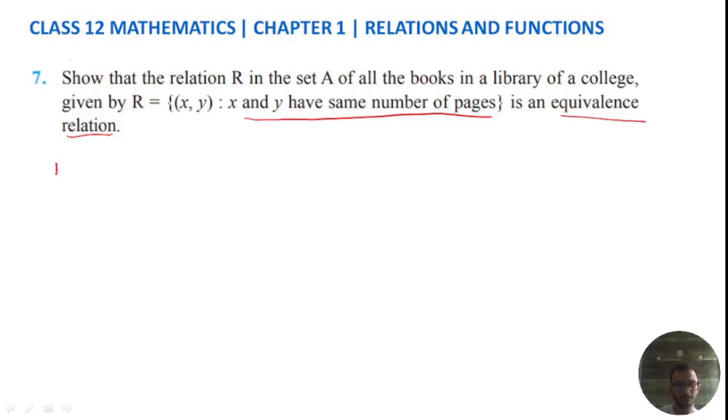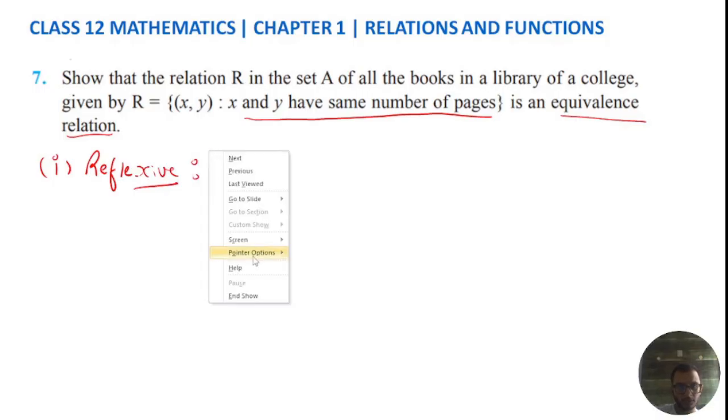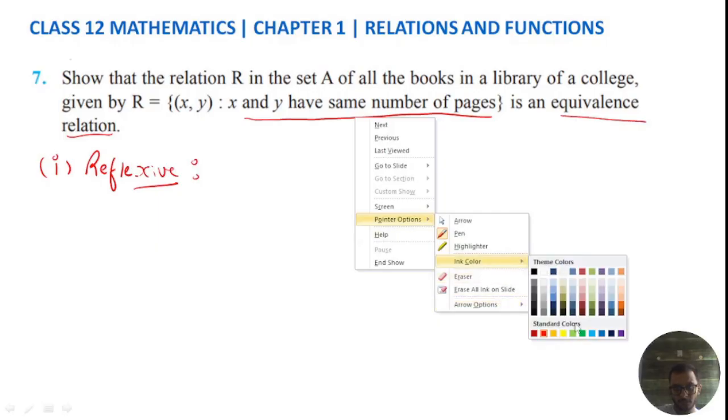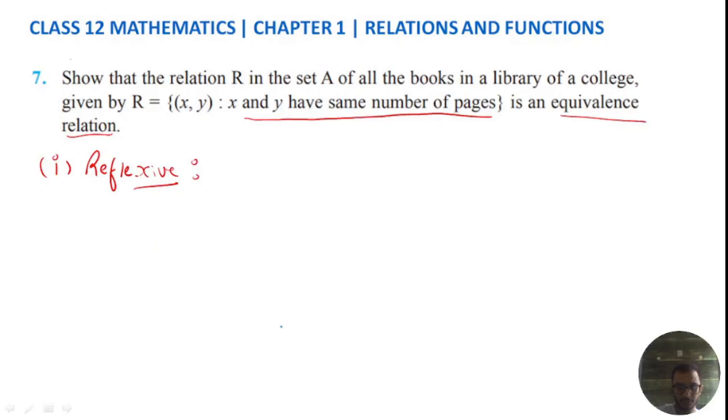First we will have to show reflexive, right? Let's write today with a different pen. Let's pick blue today.